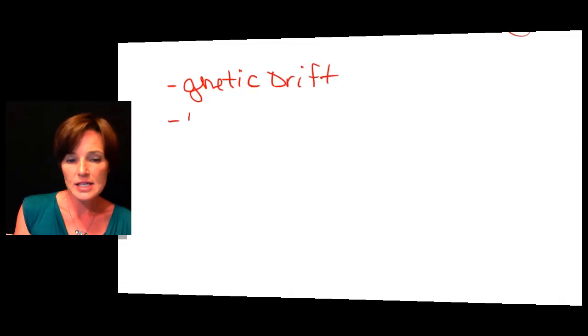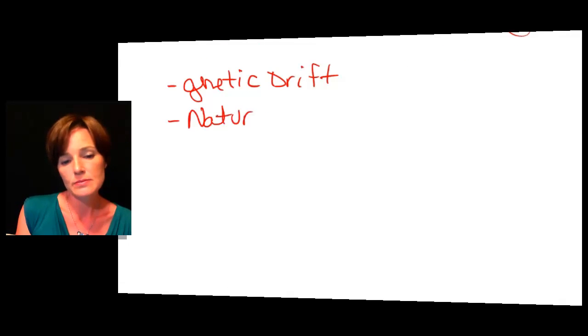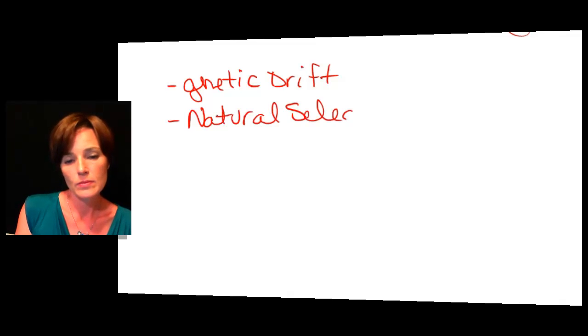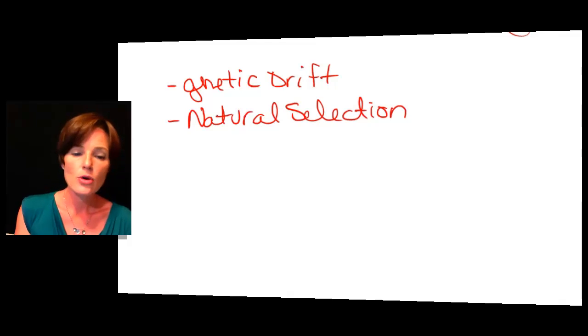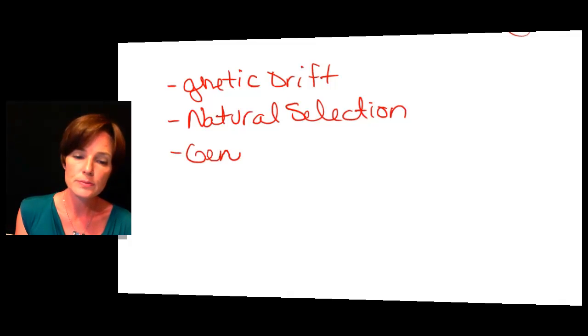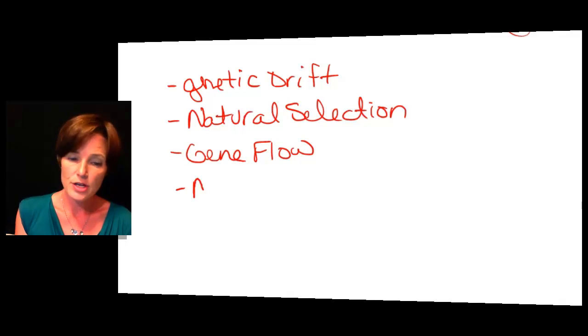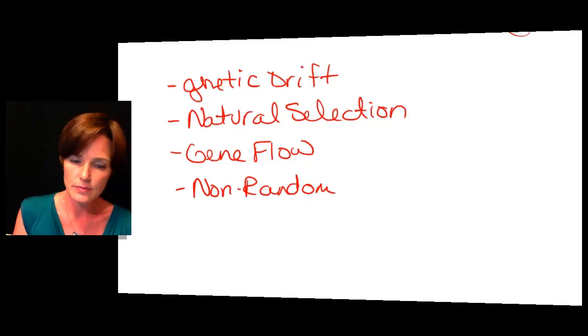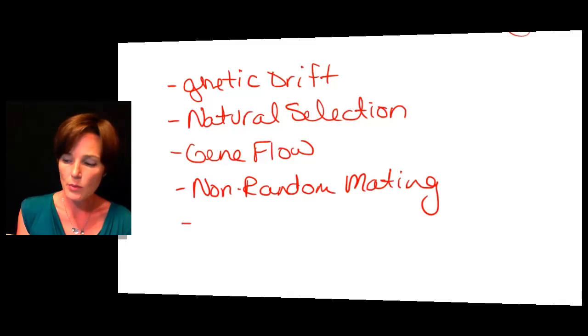Another possibility is natural selection. We could also have what we call gene flow. We could have non-random mating, which is often the case. And we could also have some mutation taking place.